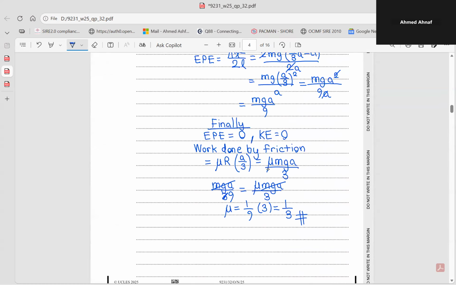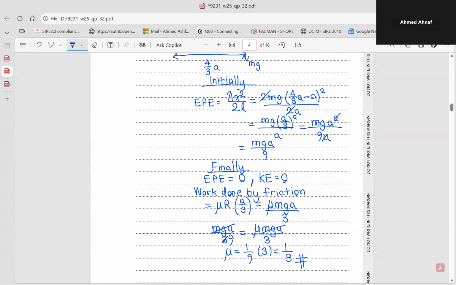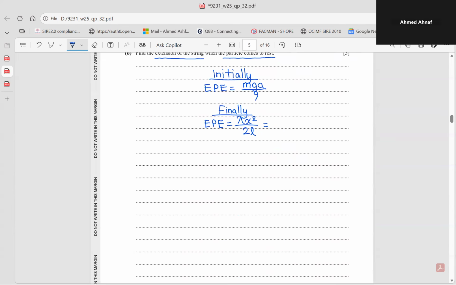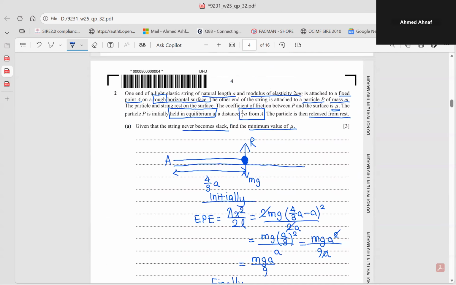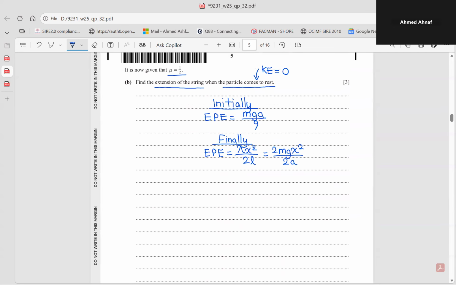Lambda is 2mg, and x is just x, which is what we're going to be finding, over 2L, with L, the natural length, being a. The 2s cancel. Then you'll get mgx squared over a. So this is the first EPE term.